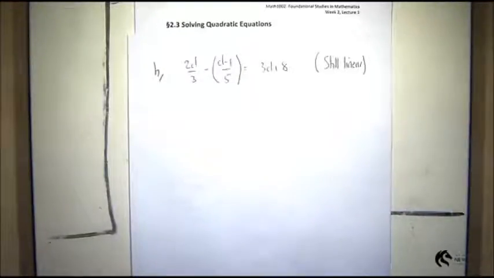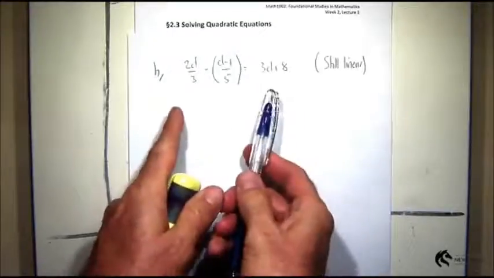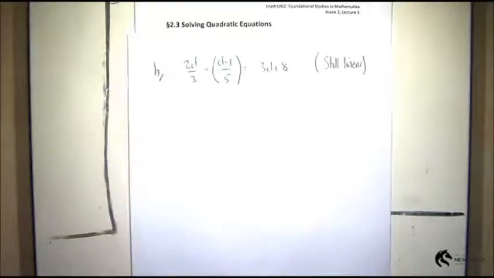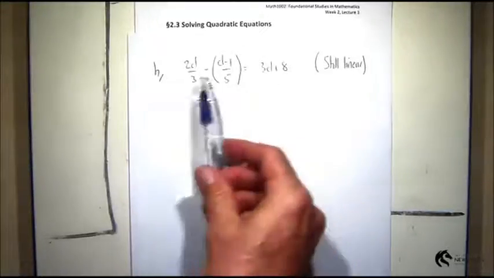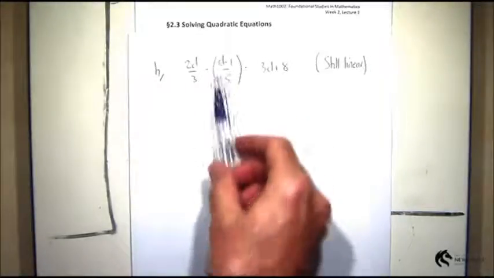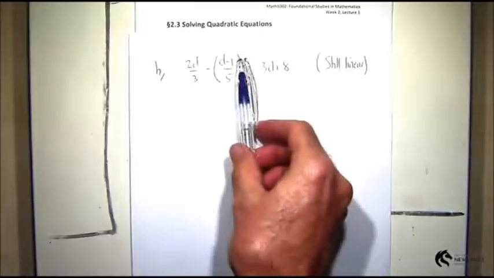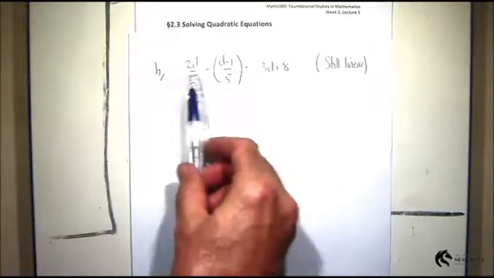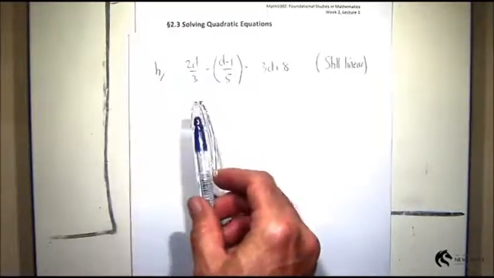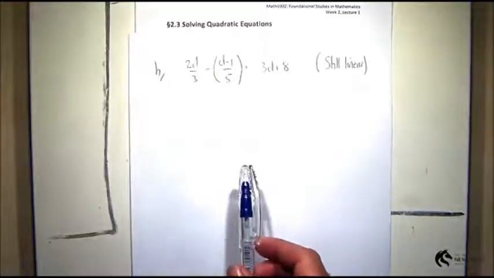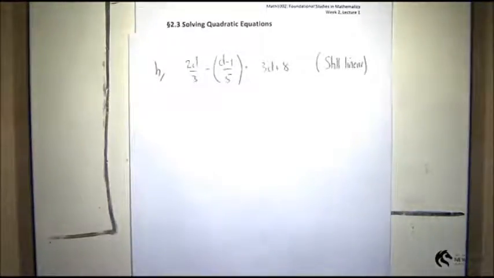Okay, so I want to get d by itself, so I'm going to bring all the terms involving d over to one side, but this looks a bit awkward because of these denominators. So to begin with I want to get rid of them. I'm going to multiply both sides by 15, because it's 3 times 5.